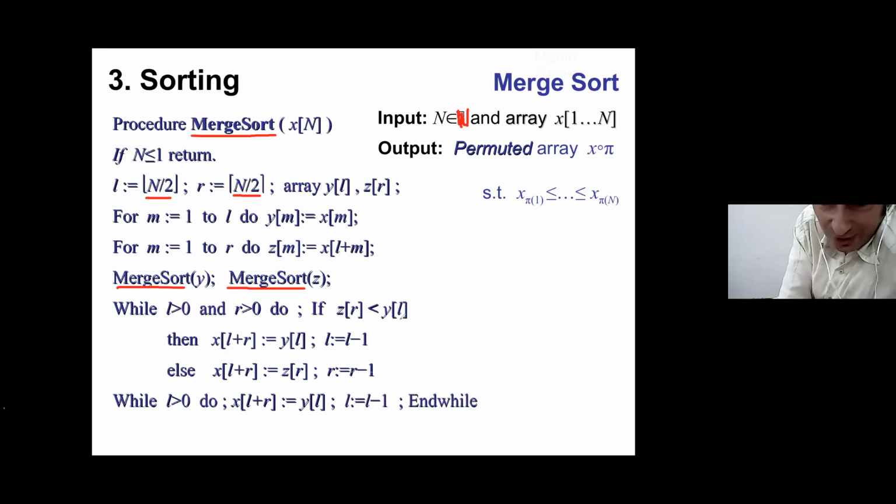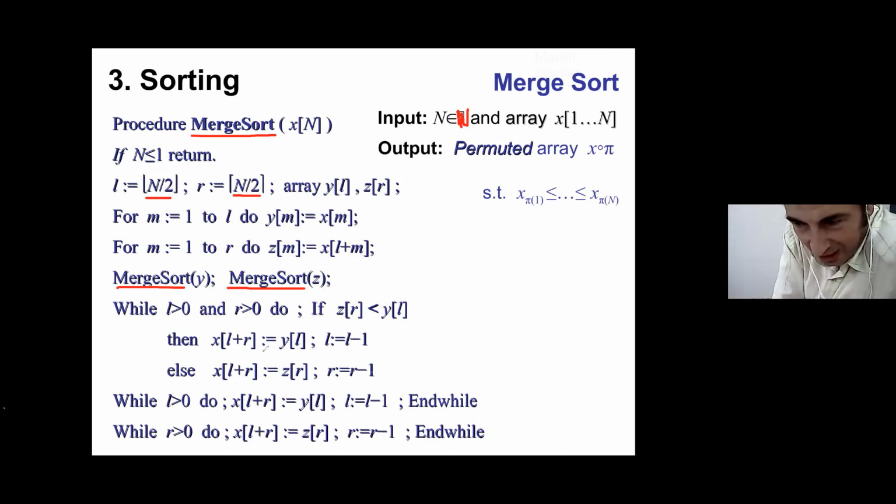What these loops do is, when you're through with the elements of one of the two arrays, you simply copy the rest from the other. So this code here is the actual merging. This is the merge.